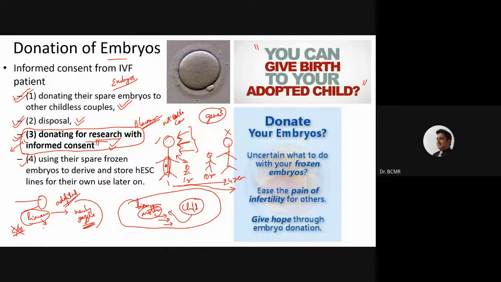That means the parent should have signed. They should know what kind of research is going to happen on those embryos, and they should have agreed to it. Only then are we allowed to use them. They can file a case if we have used them and did not reveal what we are going to do with the embryos.